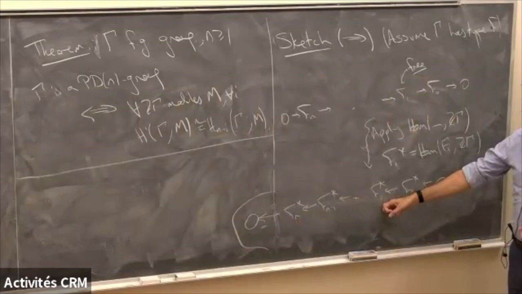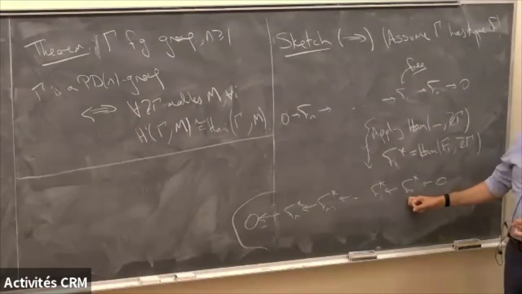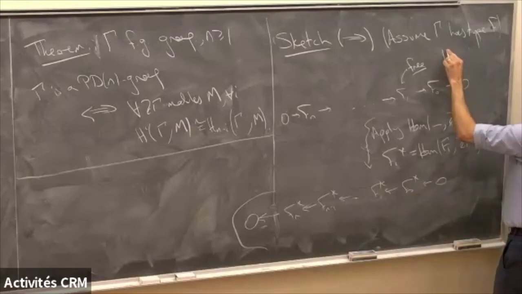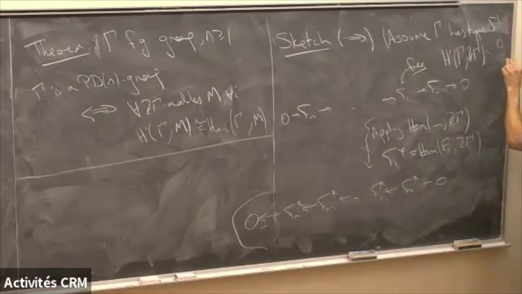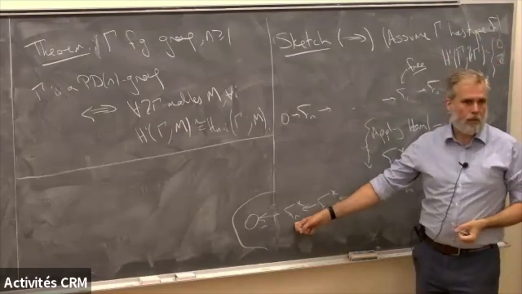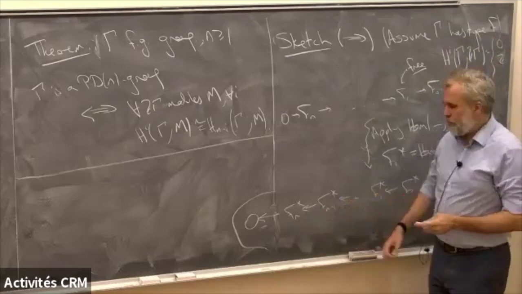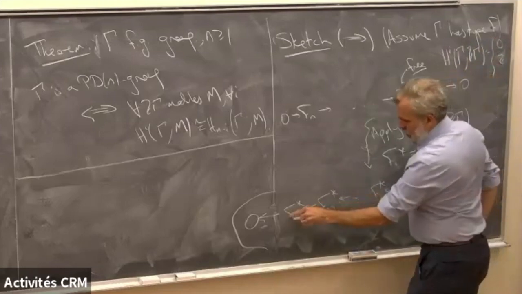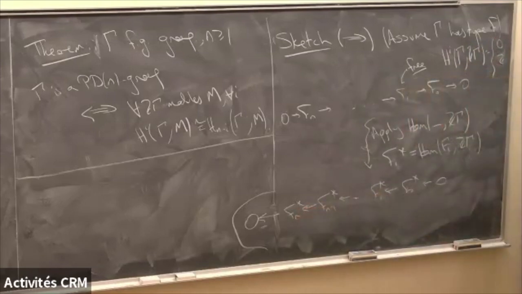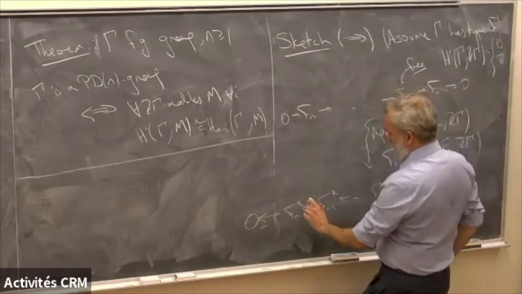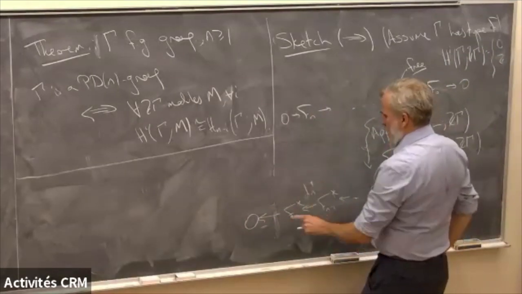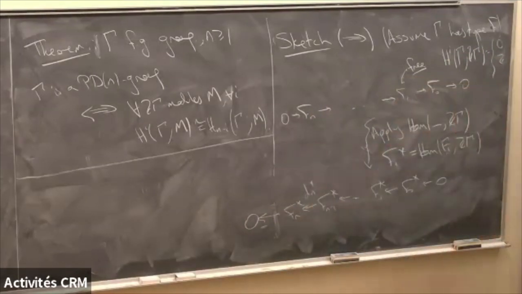And not only that, this complex is exact everywhere, because remember, H^i of gamma with Z gamma coefficients is 0 or Z. So this complex is exact everywhere except here. So here, the homology is Z. So what does that mean? I have a map here, d_n star, and then that maps to 0.